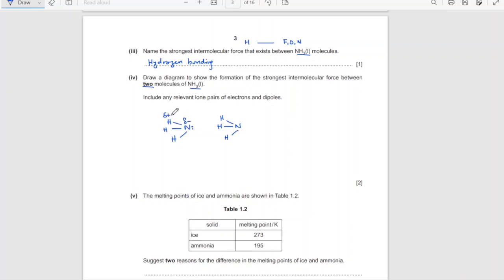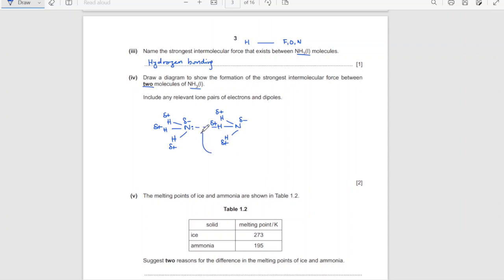The hydrogen atoms having a lower electronegativity will have partial positive charges. So we draw all of that in over here so that we don't miss out on anything. And we have a partial negative nitrogen on the other molecule as well. So the lone pair over here on the partial negative nitrogen on one molecule will attract the partial positive hydrogen from the other molecule, and that is your hydrogen bond.